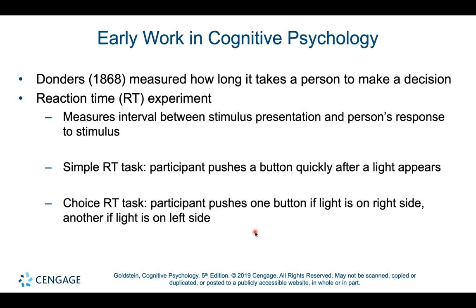If the right light turns on, the participant must press the right button. So they have to perceive the stimulus of the light turning on, but now what we've added is a decision that must be made. Light comes on, your brain, your mind has to go, is that the left light or the right light? Ooh, that's the left light.